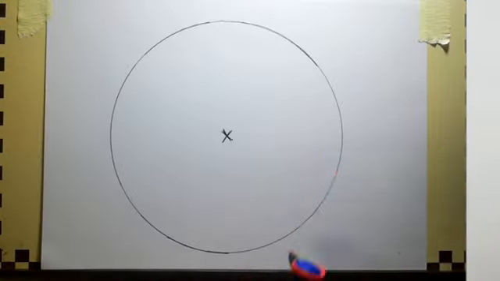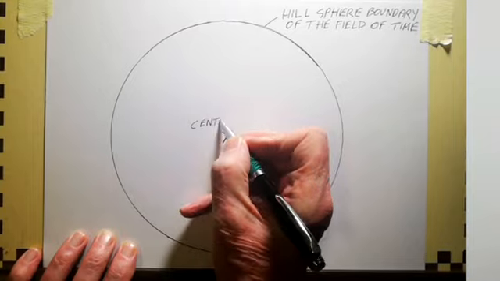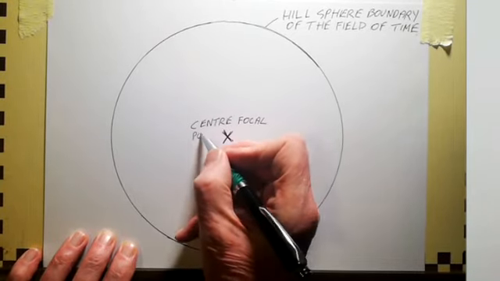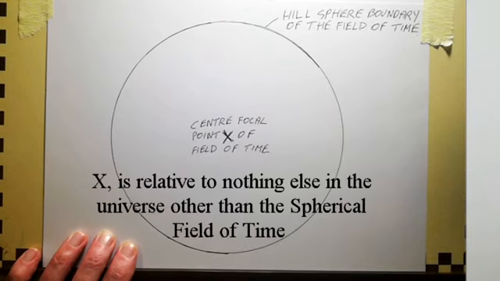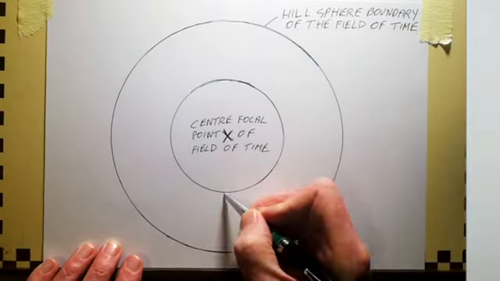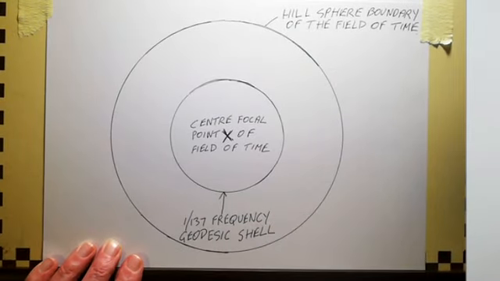In this model, x is relative to nothing other than representing the centre focal point nucleus of the field of time within which the process of the formation of the atom occurs. The corruption of the equilibrium and the beginning of the process of the re-establishment of that equilibrium occurs at the 137 geodesic shell of the field of time.